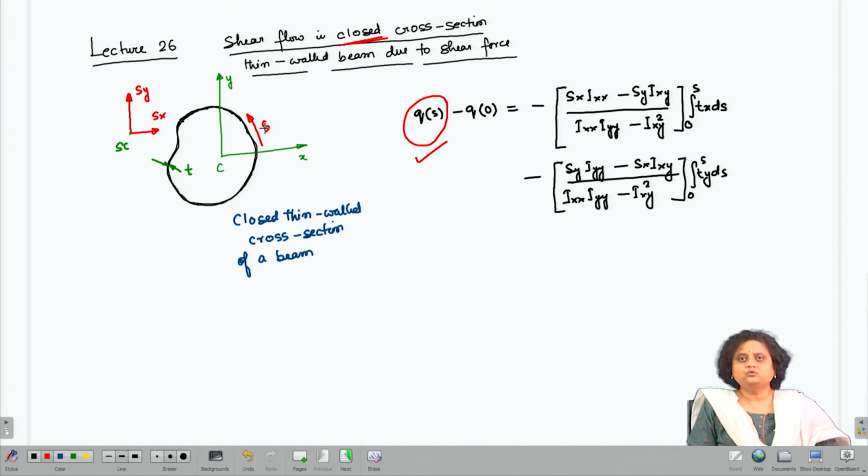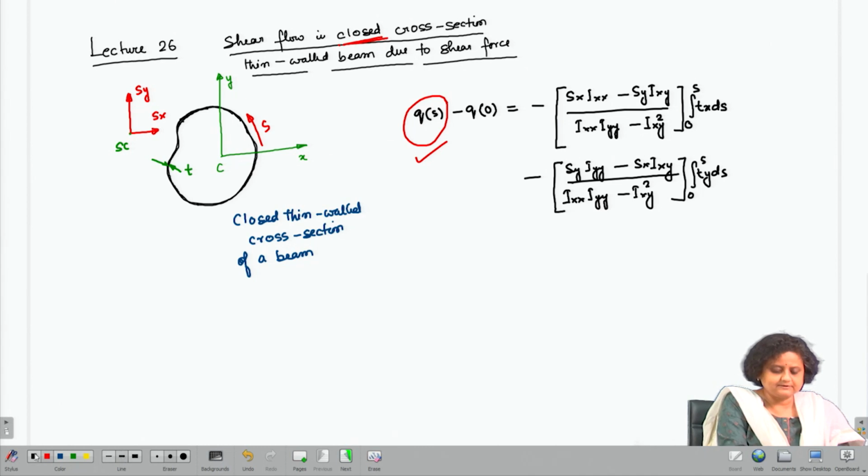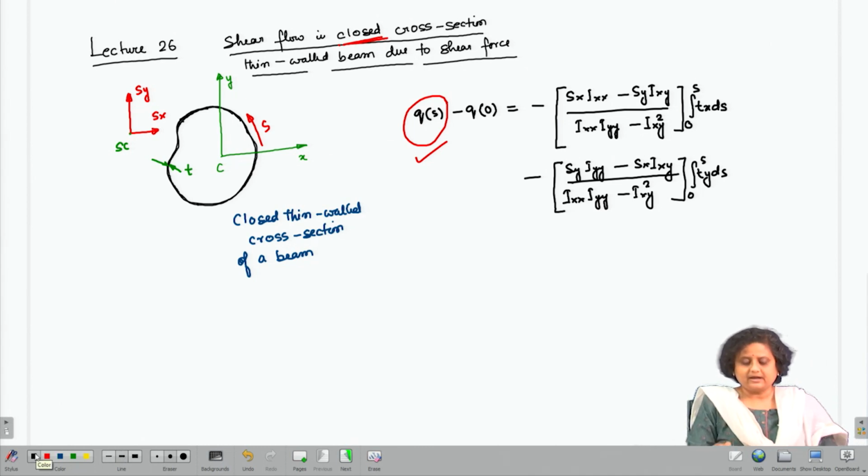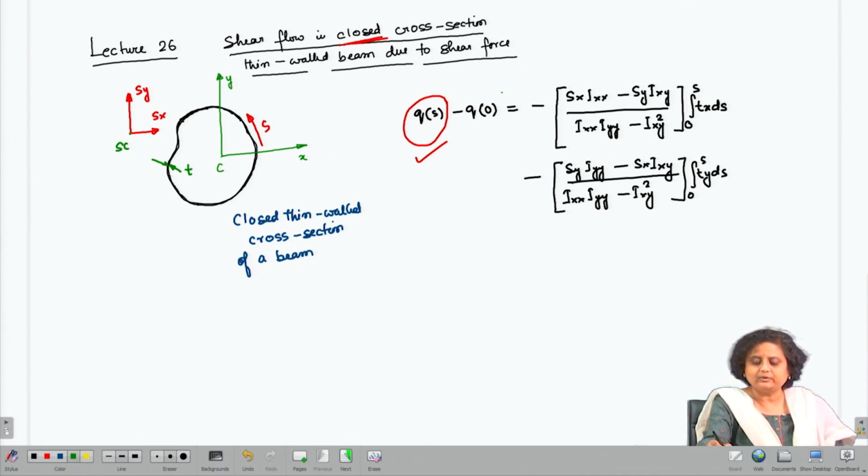We will be using the same formula to find the shear flow in the closed cross section beam as well, but the only difference is that here there would be an issue with finding q0.